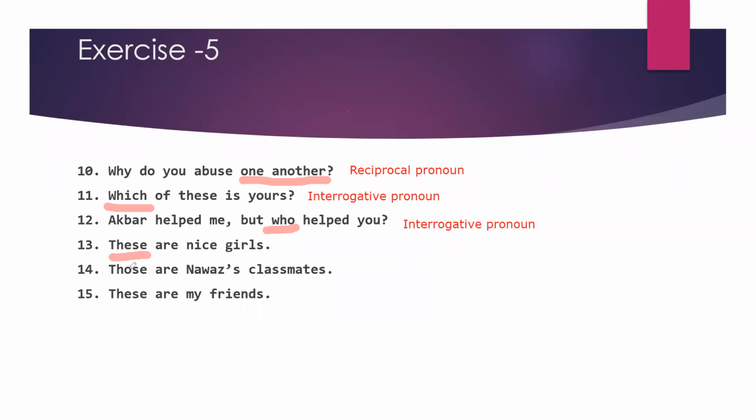These. And 14, those are Nawaz's classmates. So those is also a pronoun. Number last, 15, these are my friends. So it means that we will underline these also.